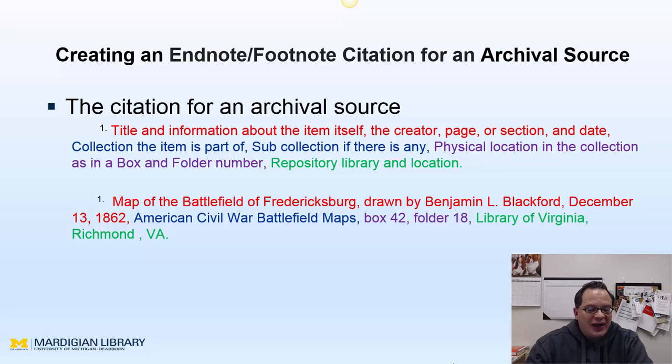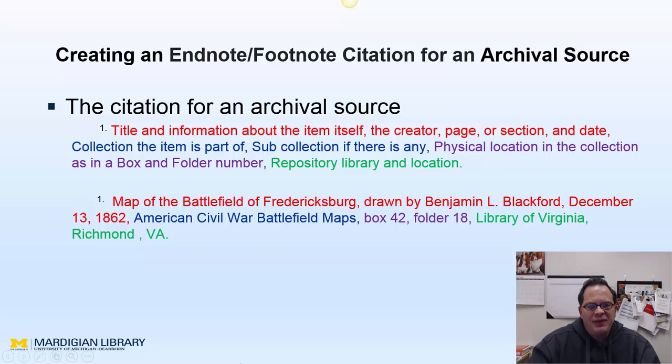Okay, so you're going to have that information when you are looking at an archival source, and it may not appear in a box or folder either. It may just be part of a collection, and that's it. So this has been an example of creating an endnote or footnote citation for an archival source.